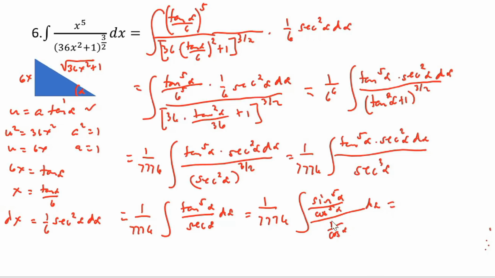So dividing this one, sine to the fifth power alpha over cosine to the fifth power of alpha divided by 1 over cosine alpha, it will give us the quotient of, I will write first the coefficient, 1 over 7,776 times the integral of sine to the fourth power of alpha over cosine to the fourth power of alpha d alpha.